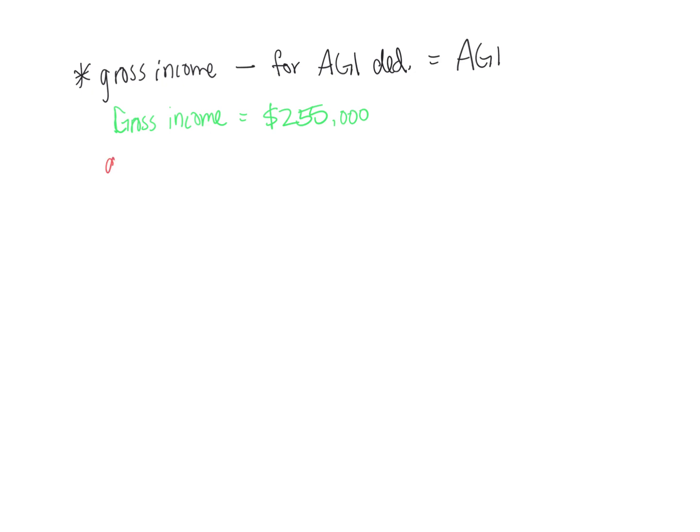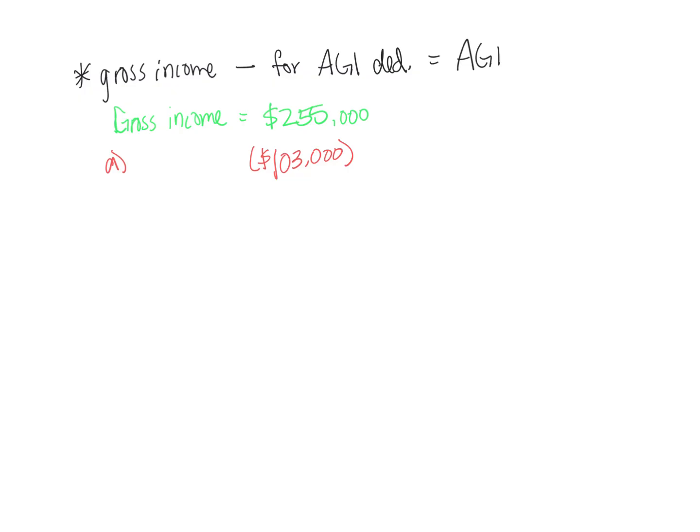So letter A. This one says expenses associated with Jeremy's store include $40,000 in salary and employment taxes to employees, $45,000 of supplies, and $18,000 in rent and other administrative expenses. Whenever we look at this, the amount that can be deducted for AGI here is $103,000.